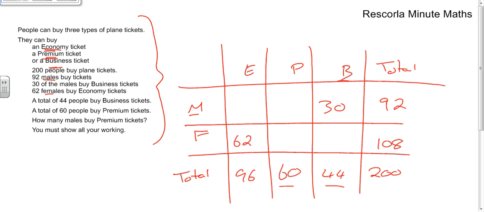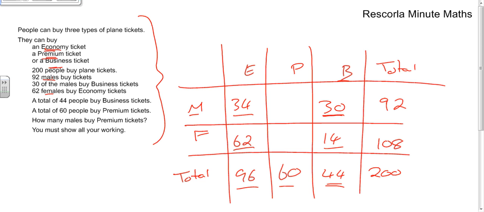So now we can start doing all the other numbers as well. So the male business, which is 30, plus the female business, which is whatever, must add up to 44, so therefore that's going to be 14. We know that the male economy, which we don't know, plus the female economy, which is 62, must add up to 96. So what do we add on to 62 to get 96? Well, we've got 34.